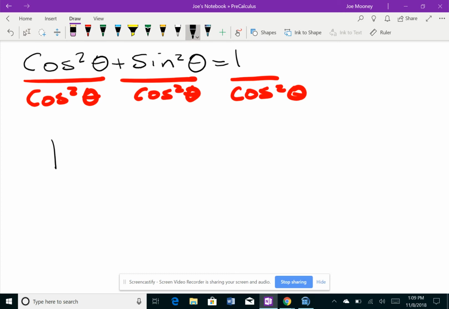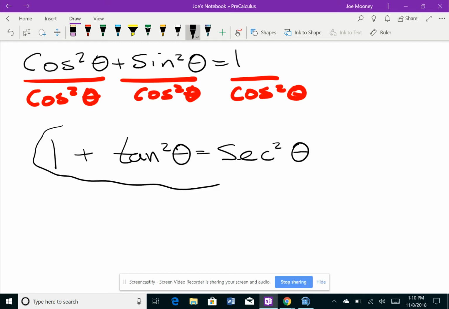I divide sine squared by cosine squared, that is tangent squared. And when I divide 1 by cosine squared, that is secant squared. So now I have my second very popular identity. And those are on your sheet, and we'll pull that sheet out here in a minute.